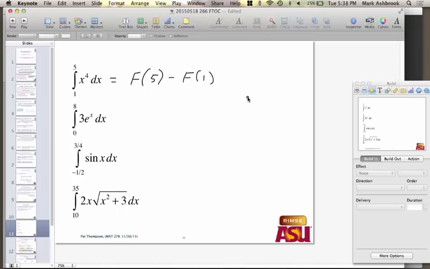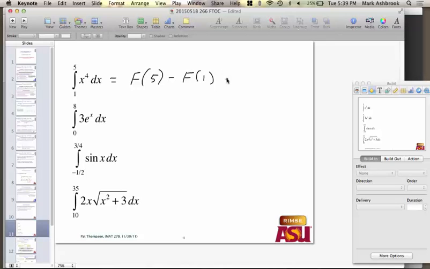So the integral expression represents the process. It represents what's going on. The right side is our means to compute it. The right side is like, okay, now this is the way we can find that value. So all we need is the antiderivative of x to the fourth. Who knows it?